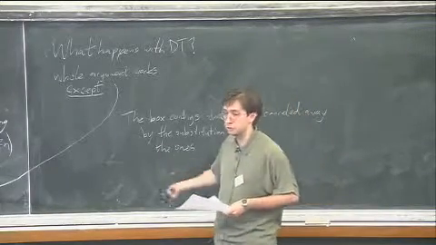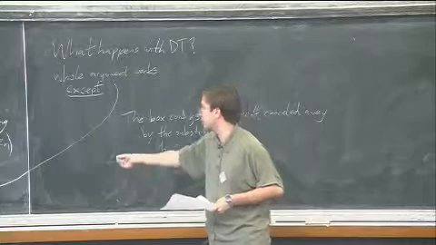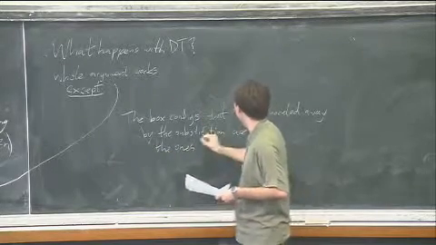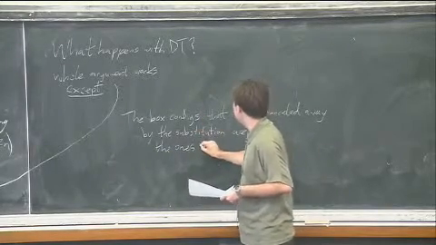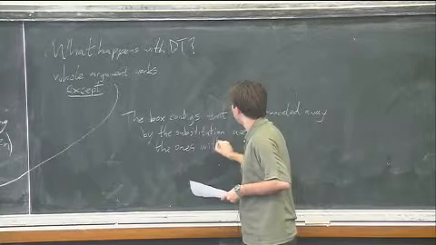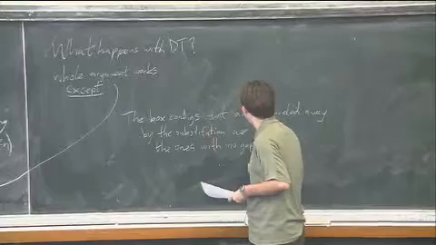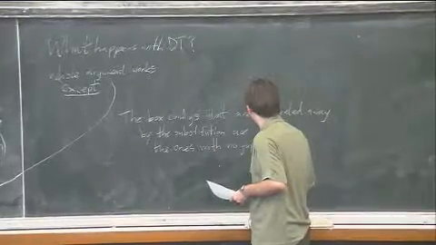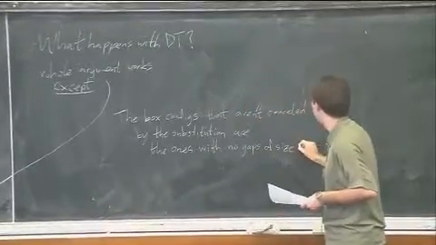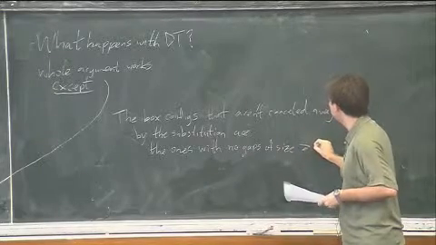The actual details of this are a little bit ugly, at least with the best bounds I have at the moment, but they're the box configurations with no gaps of size greater than 2a.